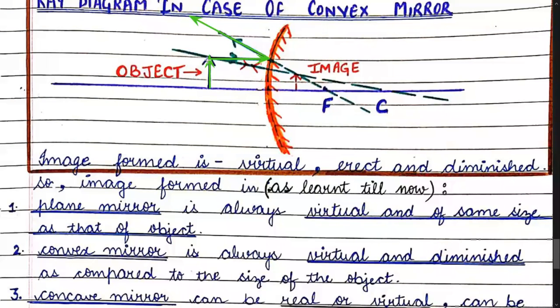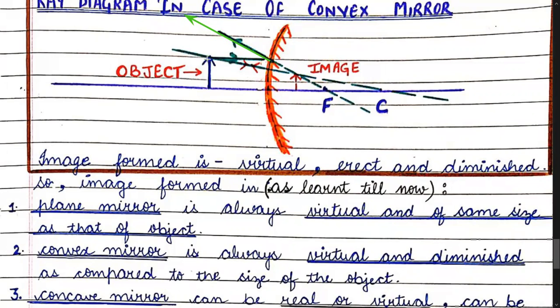Similarly, the ray passing through the center of curvature will be reflected back in the same direction. So students, the first reflected ray appears to pass through focus.